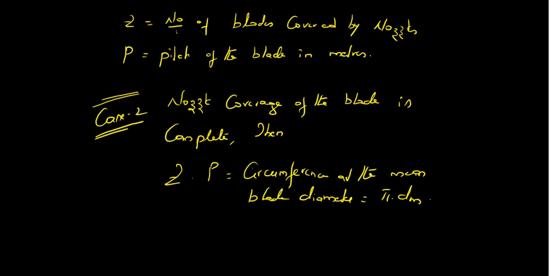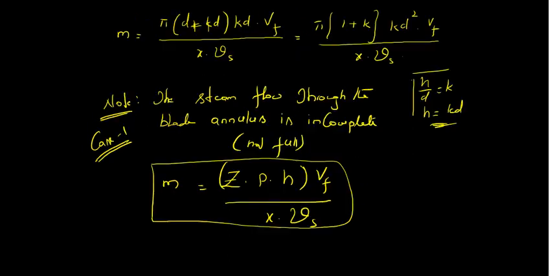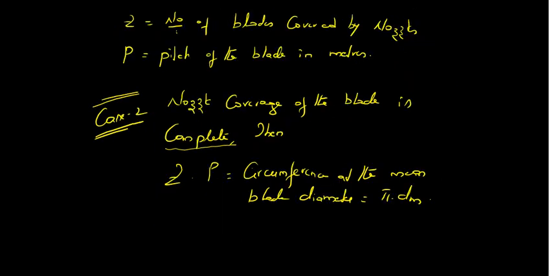In the second case, when the nozzle coverage of the blade is completely filled, in place of Zp we take the value of pi into d suffix m. It is the circumference of the mean blade diameter, right?